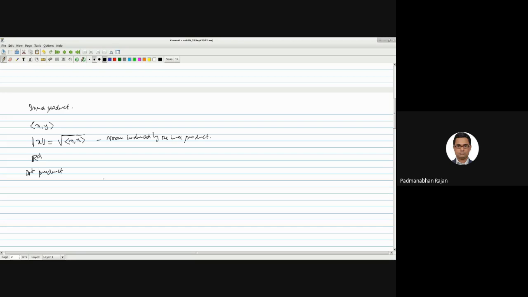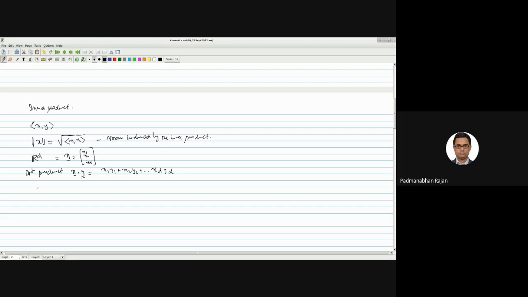For example, if we had two vectors x and y, x dot y we said was x1 y1 plus x2 y2 plus up to xd yd. That means our x is x1, x2 up to xd. So this was the dot product which we were looking at.